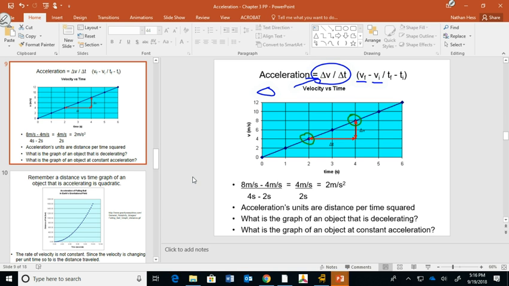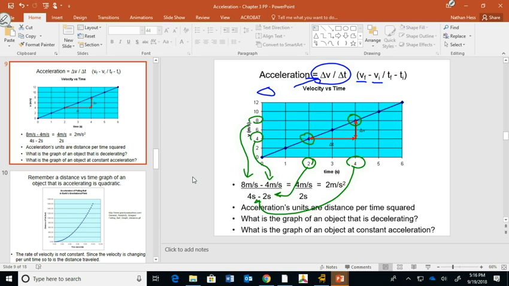So we know that at 4 seconds, we are going 8 meters per second. So that's going to be my final. And again, final always goes first. Final minus initial, so 8 meters per second. And then my second position is here, which is 2 seconds and 4 meters per second. So notice my 8 here, my 4 there, my 2 here, my 4 there.